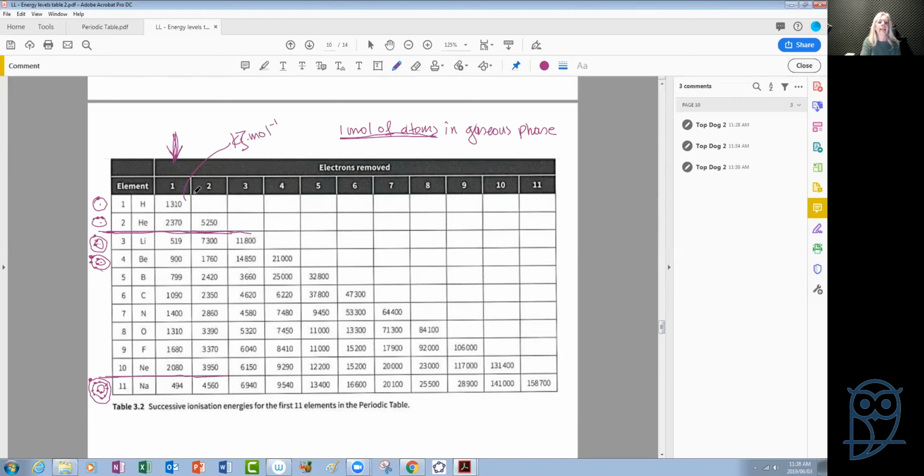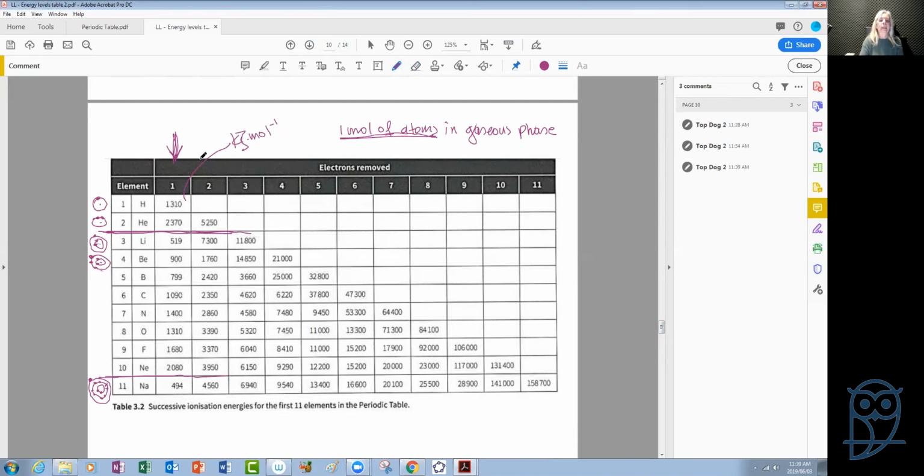So that is why these energies represent kilojoules per mole. I mean, the energy that we have to supply our sample, 1 mole of sample, to remove the first electron. So that's a small parenthesis now to discuss the units of these energies.